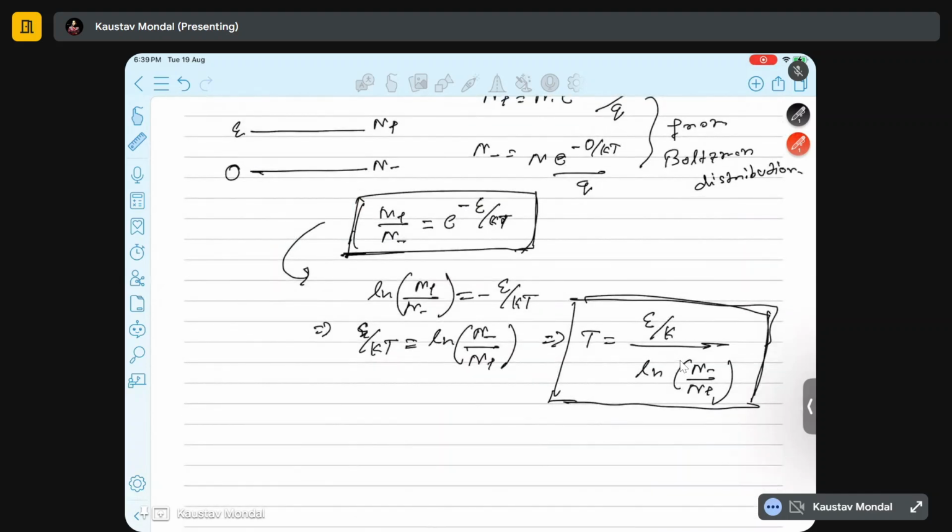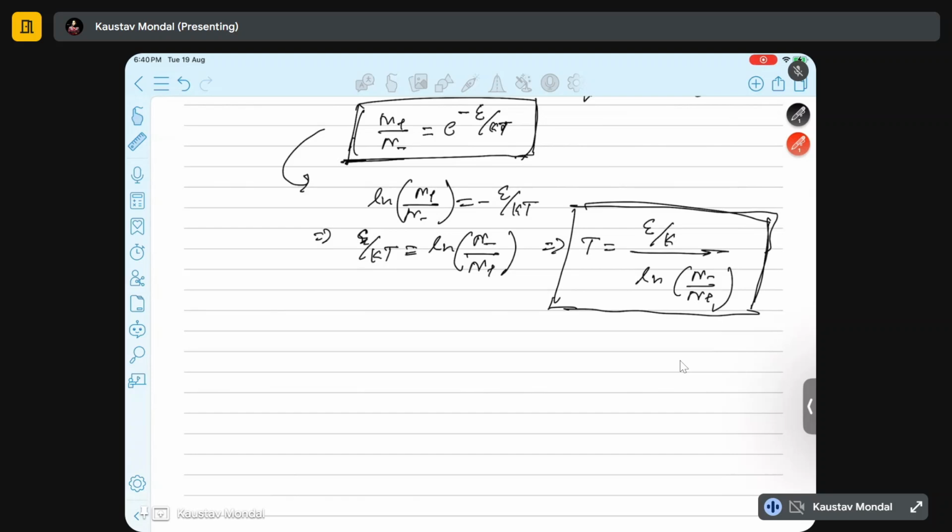Now from here, we want to find out the condition for which the temperature would be negative. So according to this expression, the only way the temperature is negative is when this whole logarithmic term becomes negative, right? And the logarithmic term becomes negative when n minus by n plus is less than 1, right?